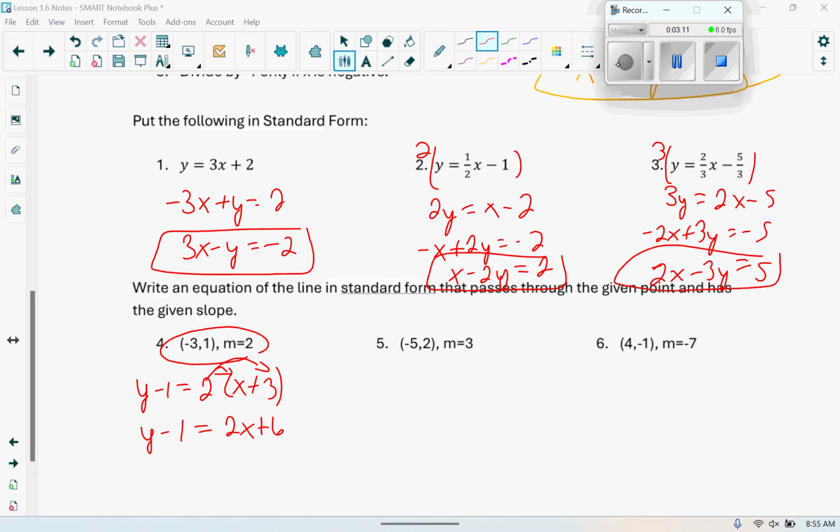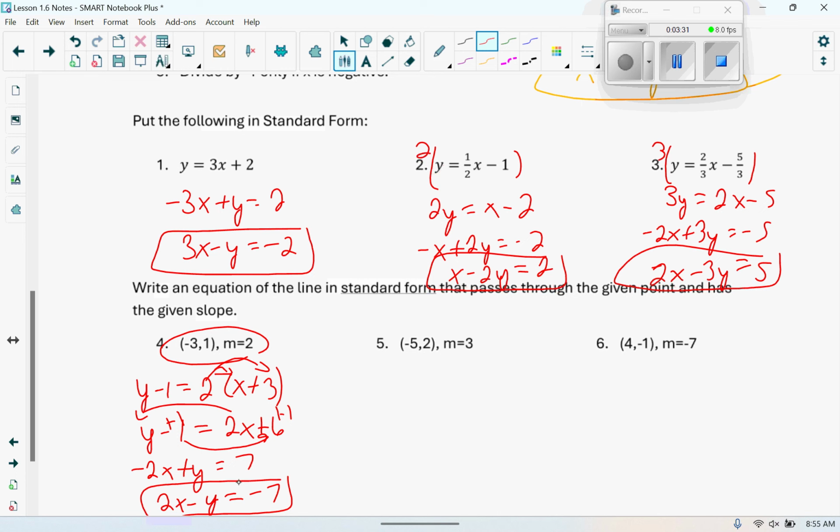Then I'm going to move my x over here and that number over here. So I have negative 2x plus y is equal to, if I add that 1 over there, 7. Finally, I'm going to change all the signs because I don't want that first one to be negative. So my final answer is 2x minus y equals -7. Go ahead and try 5 and 6.